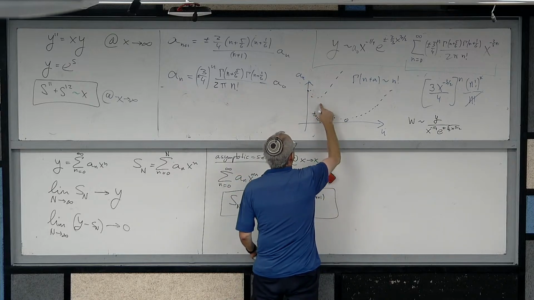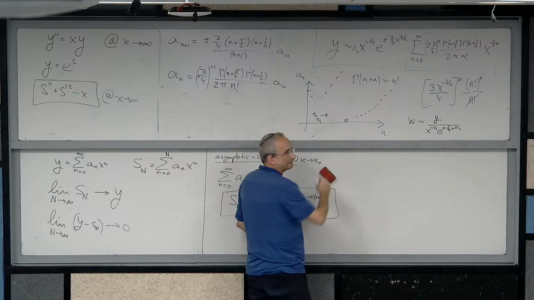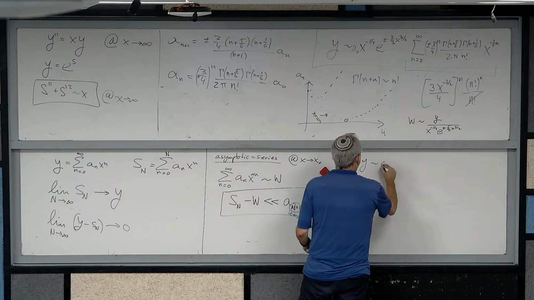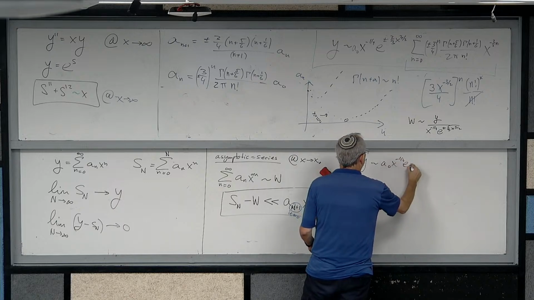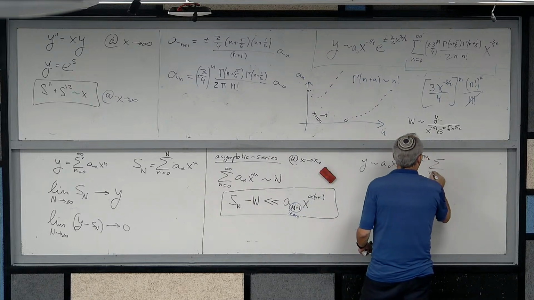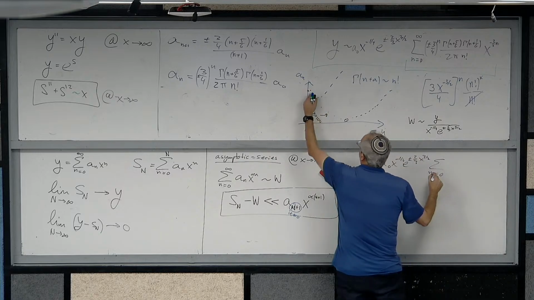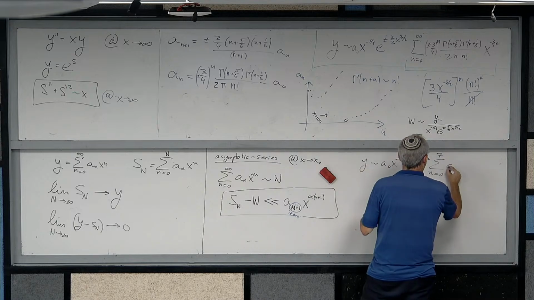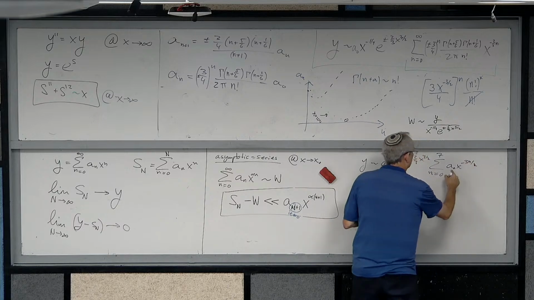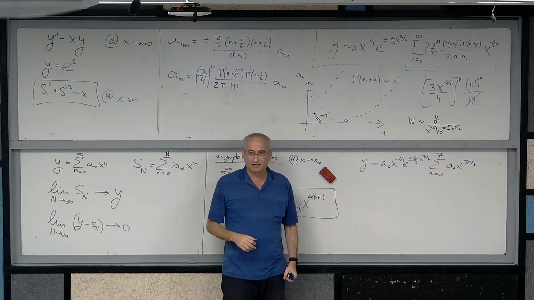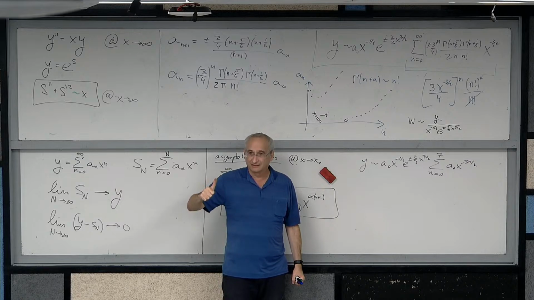This is 1, 2, 3, 4, 5, 6, 7, 8. So try to approximate y by a_0 x to the minus 1/4 e to the plus minus 2/3 x to the 3/2, sum from n equals 0 to 7 of a_n x to the minus 3n over 2. See? This will give me the best approximation if x is 100.